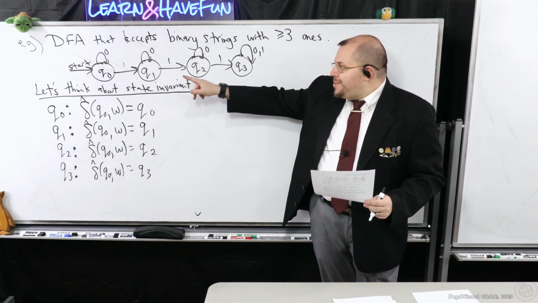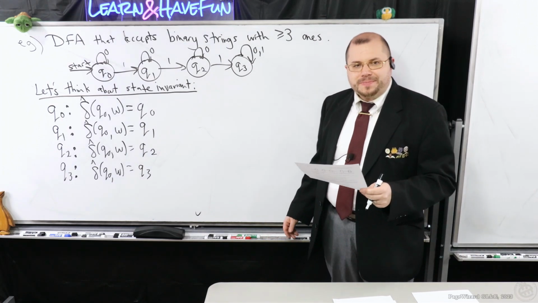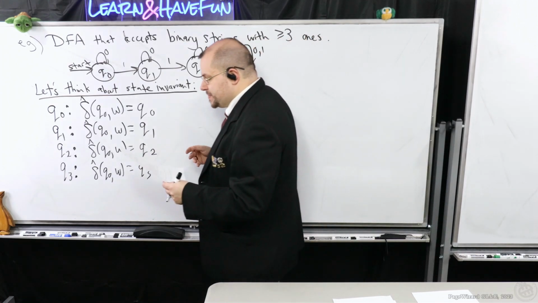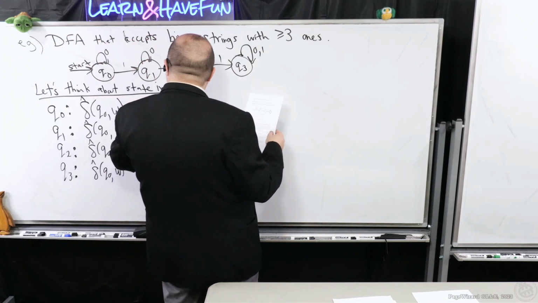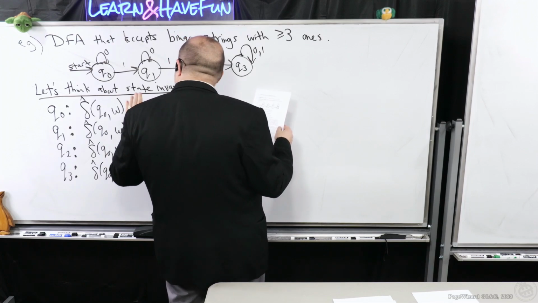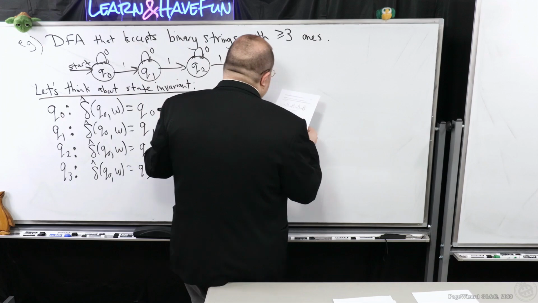When I'm in Q0, how many ones have I read? Exactly 0, right? So maybe a nice state invariant might be that if you process string W and you're in Q0, that means that you didn't read any ones.